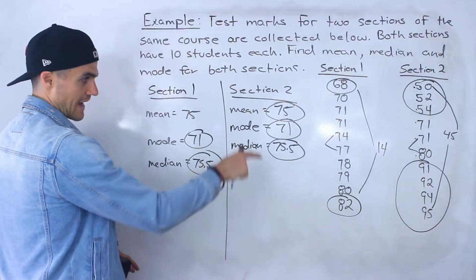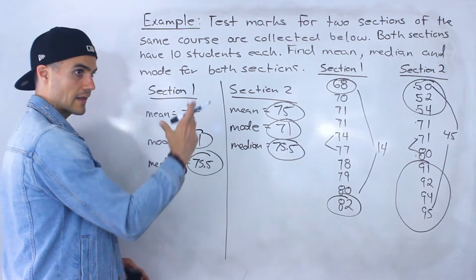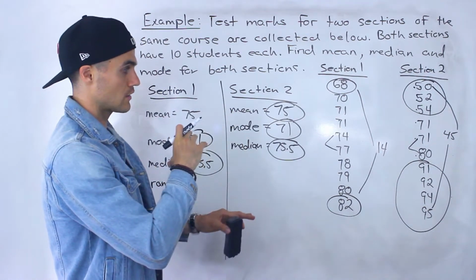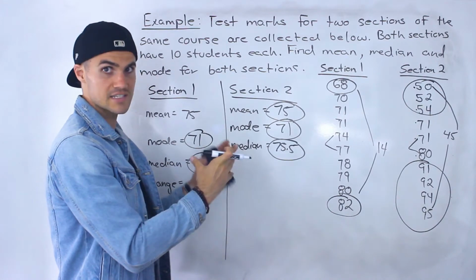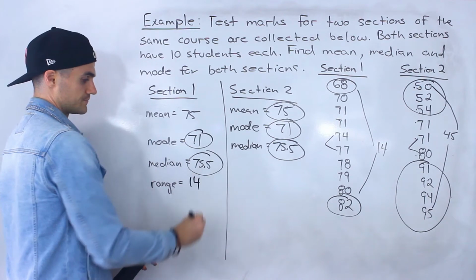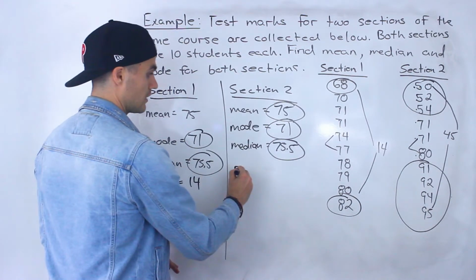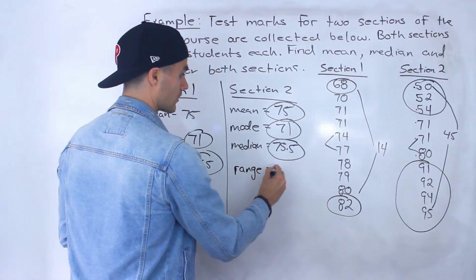And actually, that difference between the largest value and the smallest value in a set of data is called the range. So notice that the range is 14 for section 1, and then over here, the range is a lot bigger. It's 45.